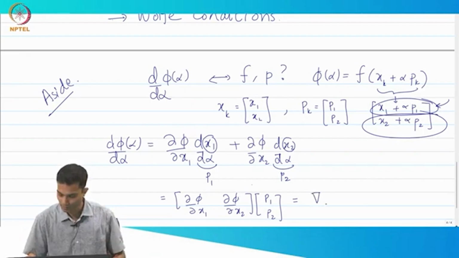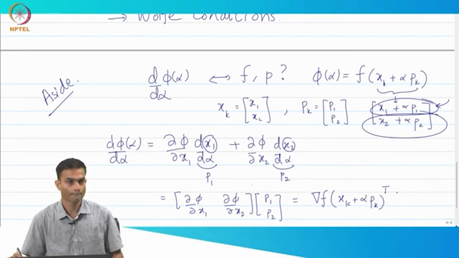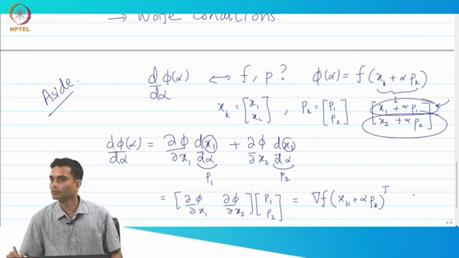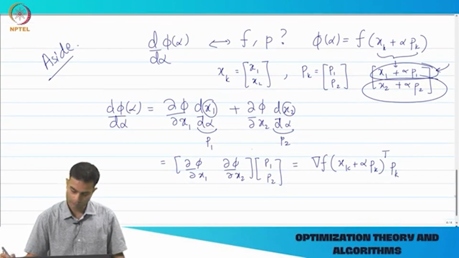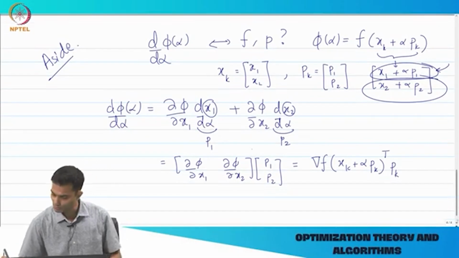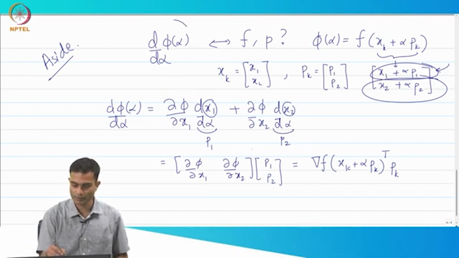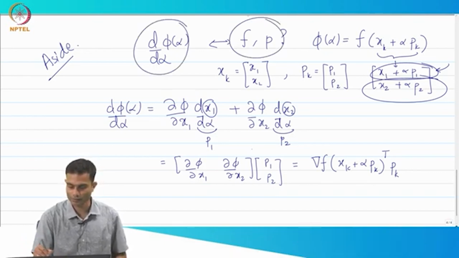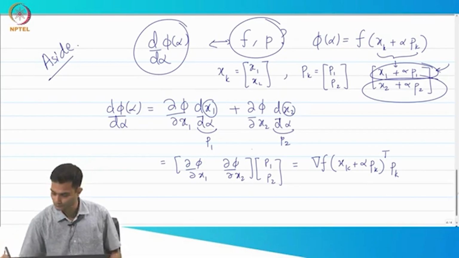So this is going to be grad f of xk plus alpha pk transpose multiplied by, what is P1, P2? Pk. So this is a small result that we will use, because it's giving us the relation between d phi by d alpha and the stuff it is made of, which is f and p basically.